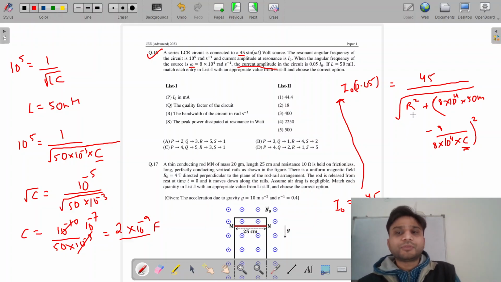Rather than eliminating I naught, you can eliminate R. You can write R as 45 by I naught.